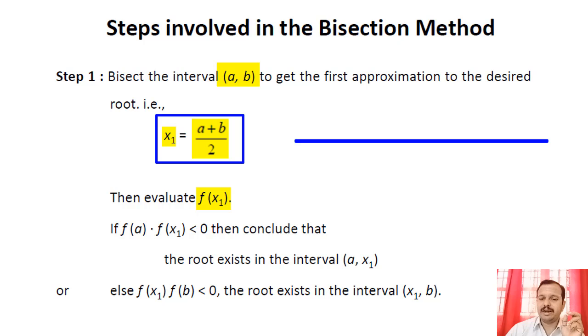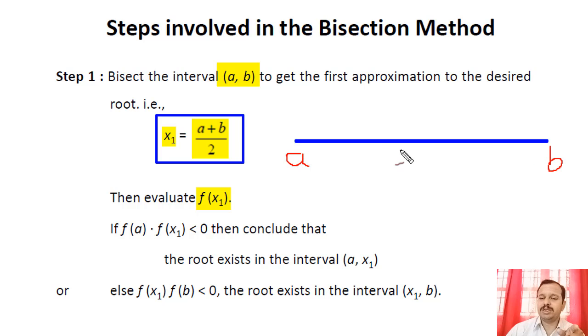Try to understand. First, this is a and this is b. We find the value of f at this point a and the value of f at this point b. If f of a and f of b are of opposite signs, that is their product is less than 0, then we say that the root is in between these 2 points, that is on this line.